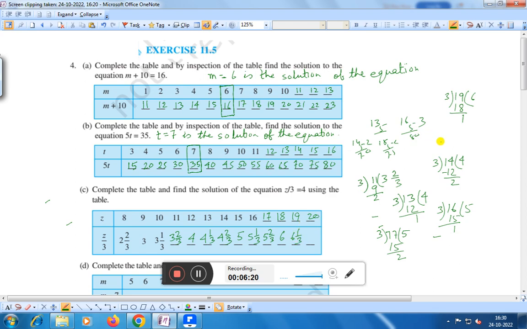And 20 divided by 3 is 3 sixes are 18, and 2 remaining, 6 whole 2 by 3.